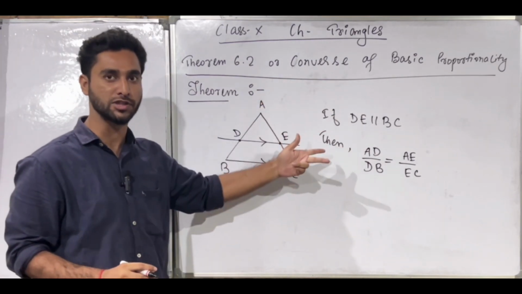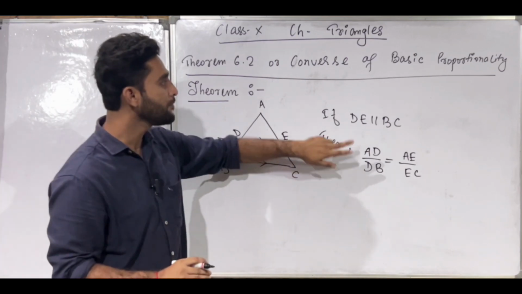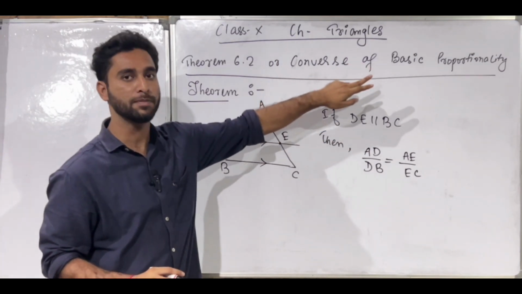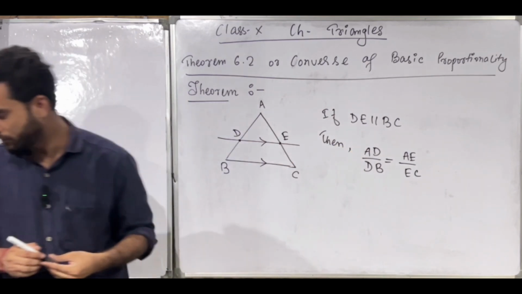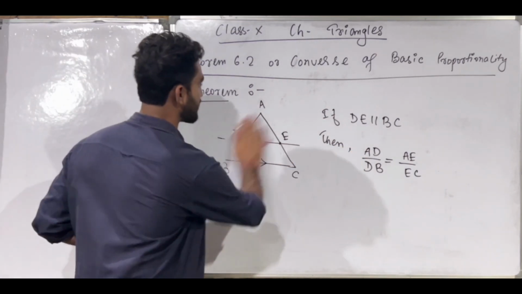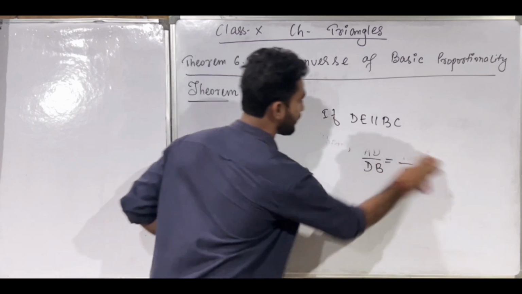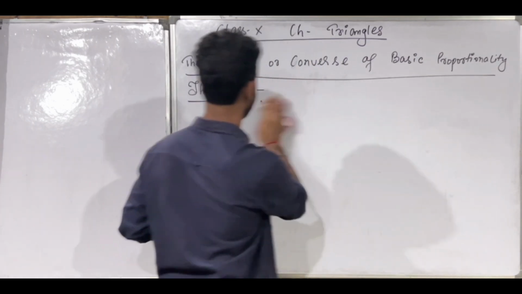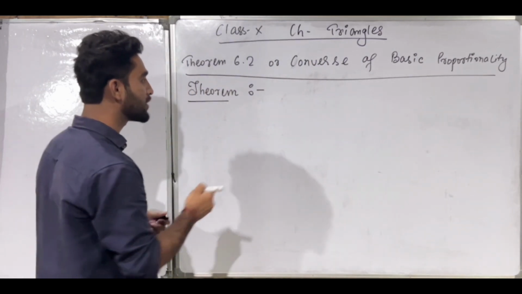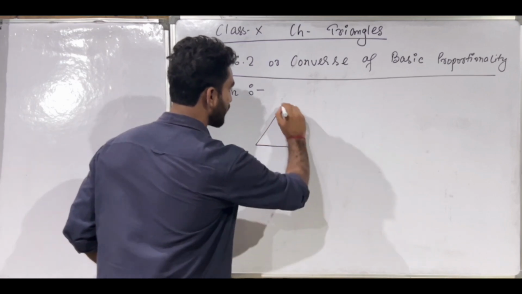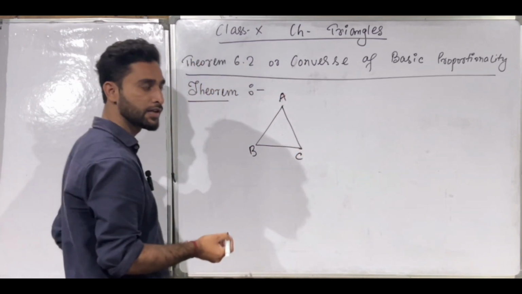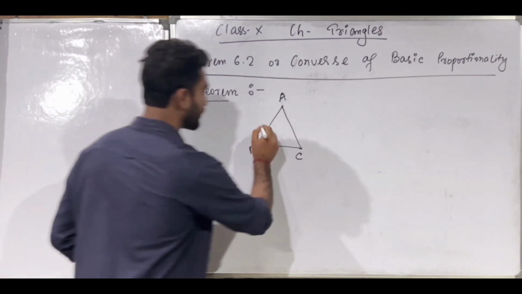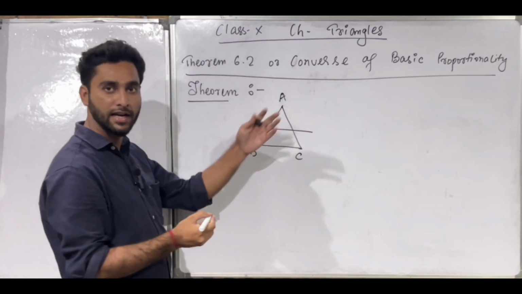Converse means just opposite. Let's understand it with the diagram. Suppose it is a triangle ABC, and a line is there, but a parallel line is not given.